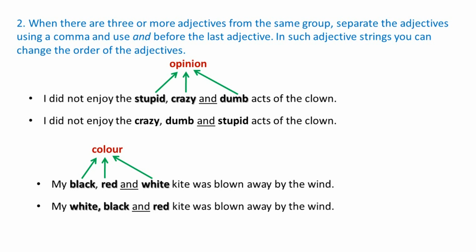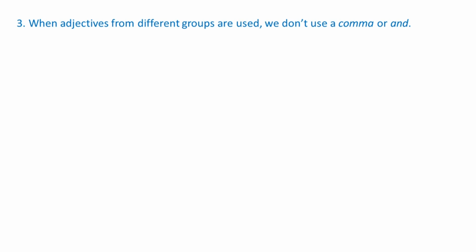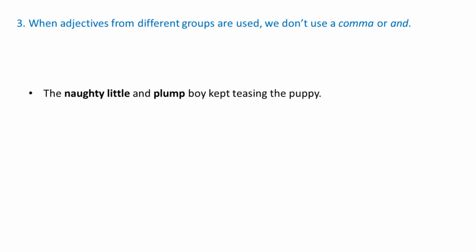Now let us go to another rule regarding the use of comma between adjectives. The last rule regarding the use of comma between adjectives is as follows. When adjectives from different groups are used, we don't use a comma or and. Let us look at an example. The naughty little and plump boy kept teasing the puppy.